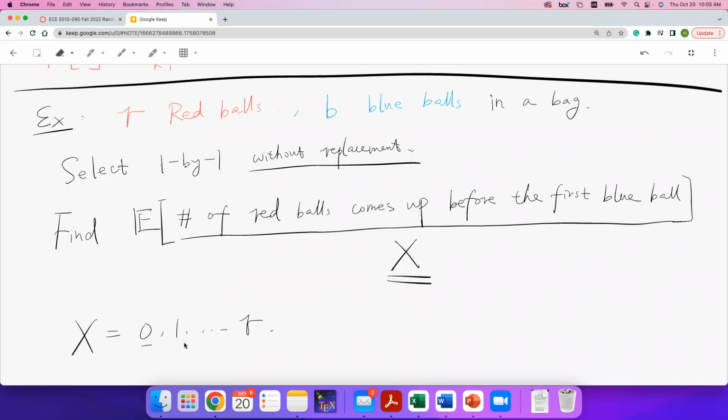You are so lucky. And in your R+1 selection, you get a blue ball. So in that case, this X is R. You draw all R red balls before you draw the blue ball. So the first thing is the range for this random variable is clear.